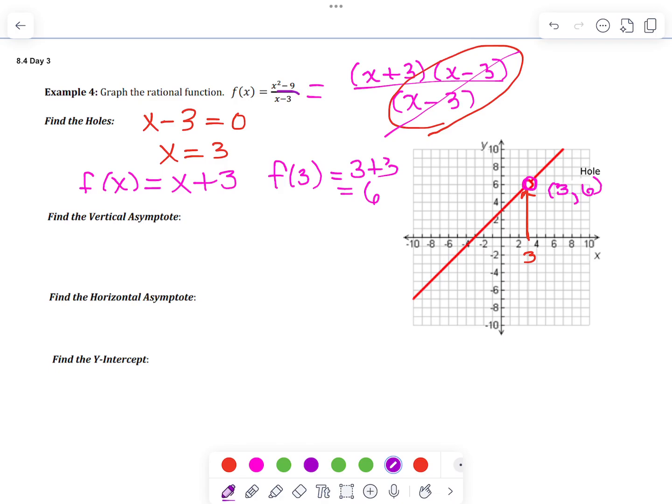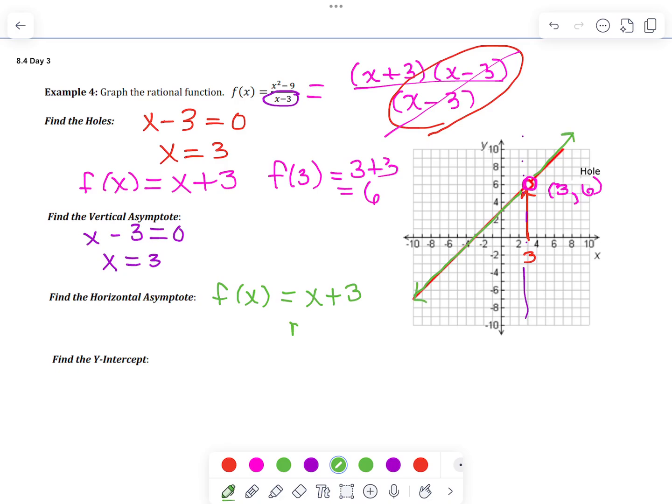Our vertical asymptote, the denominator, we set that equal to 0 and solve for x. And that's where that hole is. Then what's left is the function x plus 3. So we have a linear function that looks like this.